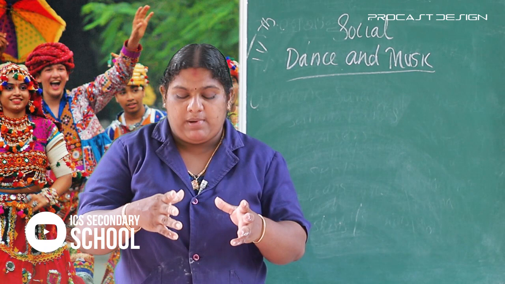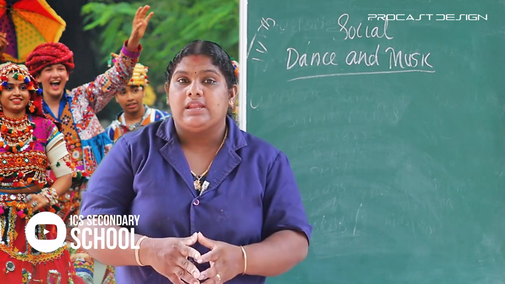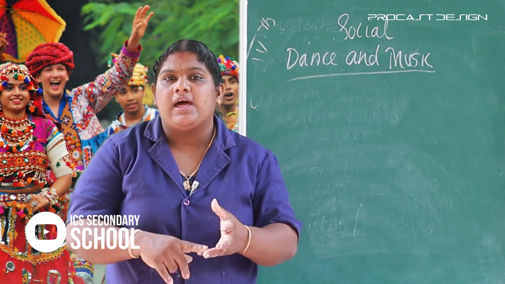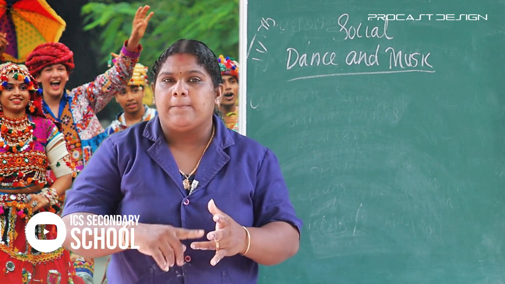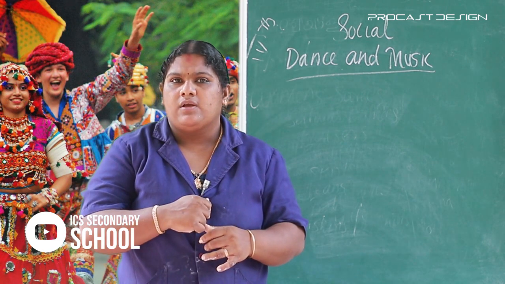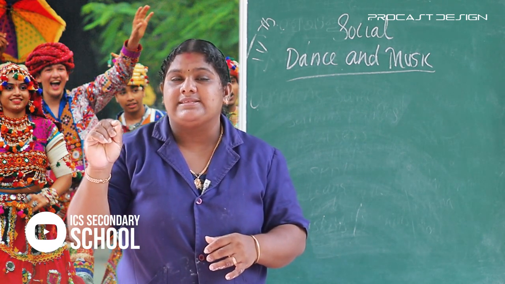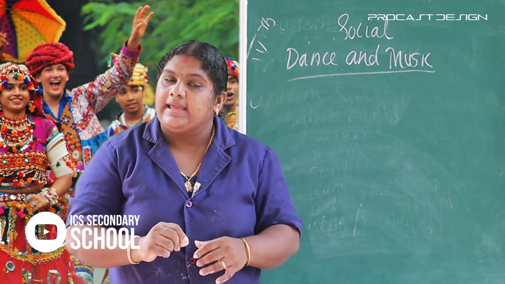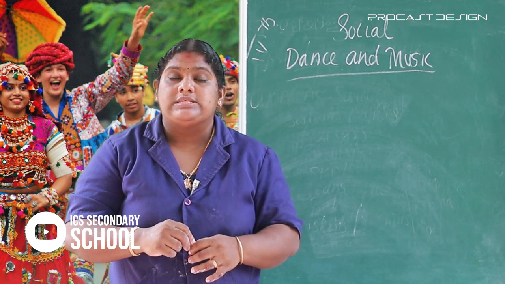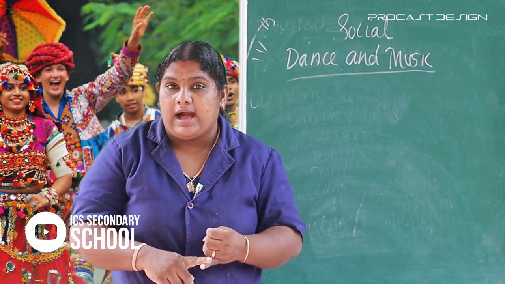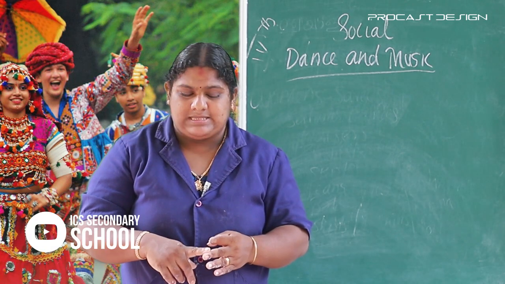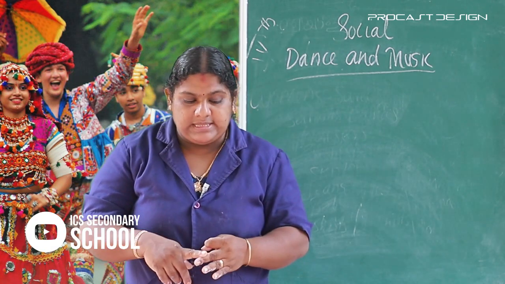So, in the textbook on page number 157, you can see the names of some of the important folk dances in India. The names are Bhangra, Ghumar, Garba, Karagatam, Kaigotikali and Bihu. So, write the names of the important folk dances in India. You already studied the names of some tribal groups in India, like Santals, Bhils, Nagas and Mizos, in our previous chapter.